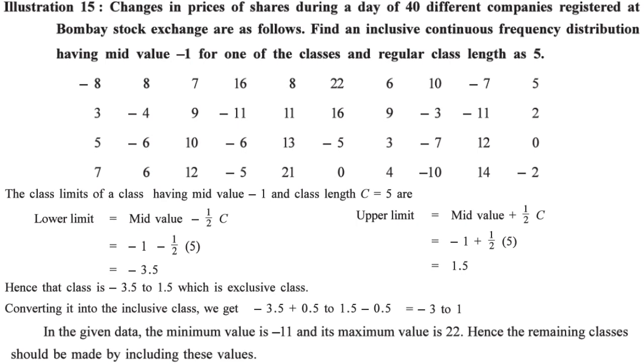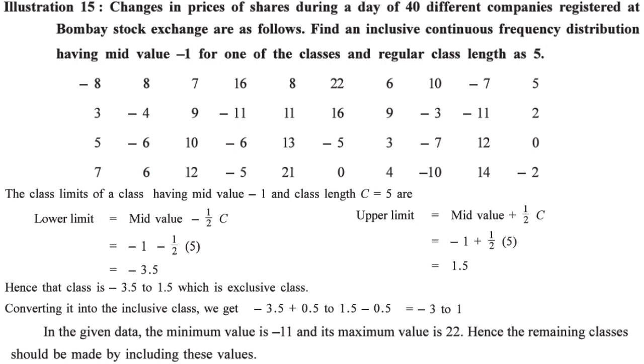Once again, I will just speak out the classes which you are going to make. Negative 13 to negative 9, negative 8 to negative 4, negative 3 to 1, 2 to 6. My mistake, 2, 3, 4, 5, 6.